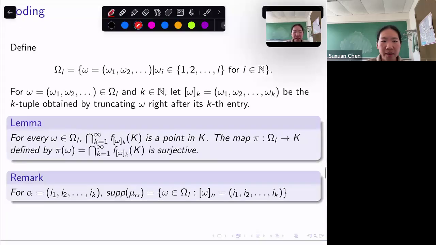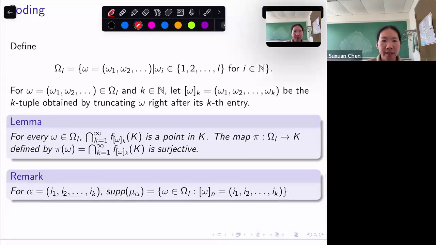And then there's a result by Hutchinson stating that for every omega in Omega_L, the intersection over k from 1 to infinity of F_{omega|k}, the image of K under F_{omega|k}, is a point in K, and the map from Omega_L to K defined by pi(omega), which is this intersection, is surjective.